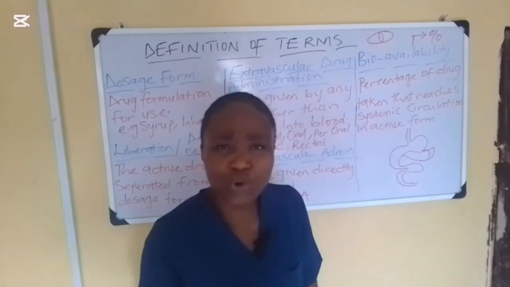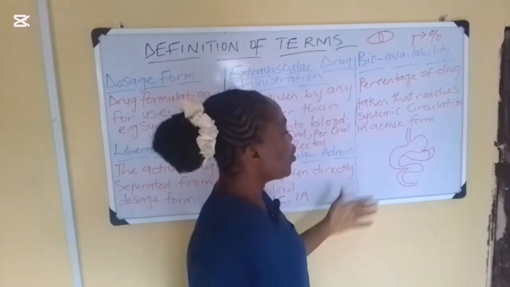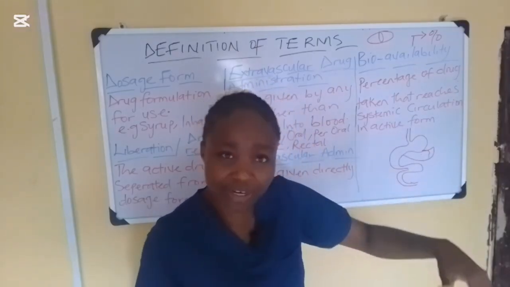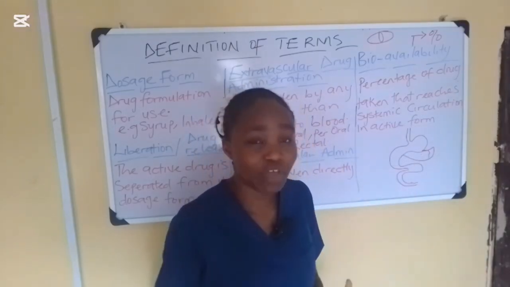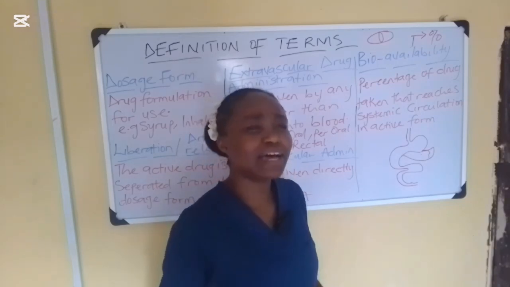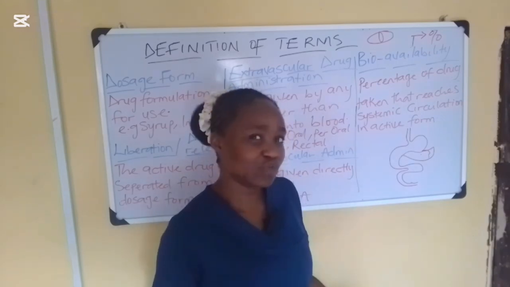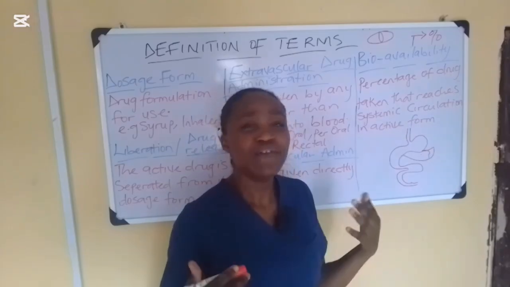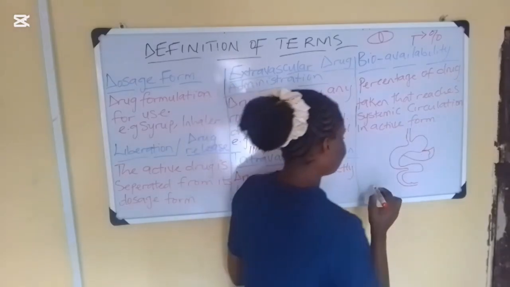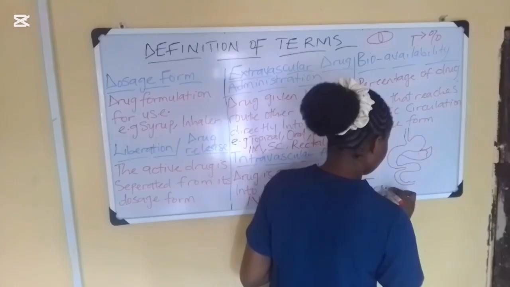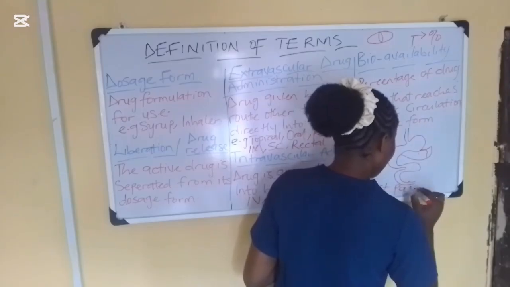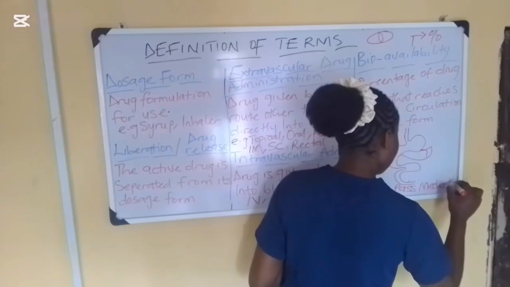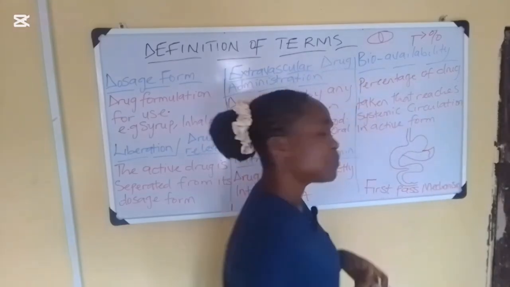At the end of all of these movements, you would see that we would have some loss of the drug in the liver. When the drug passes through the liver after it has been absorbed, you would find that we have lost a large percentage of this drug. This is what is generally referred to as first pass mechanism. So what is first pass mechanism?